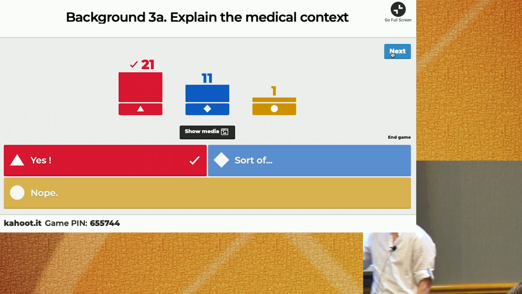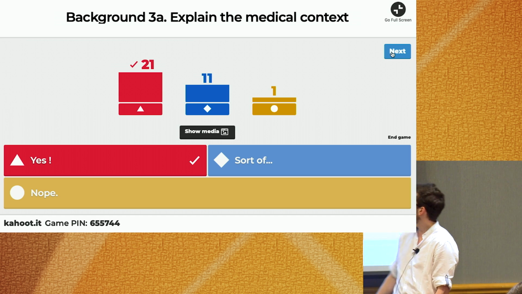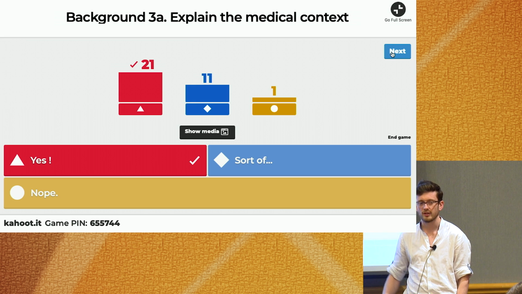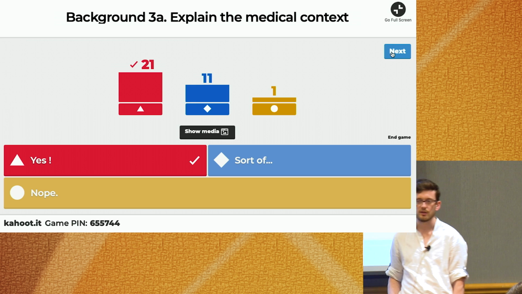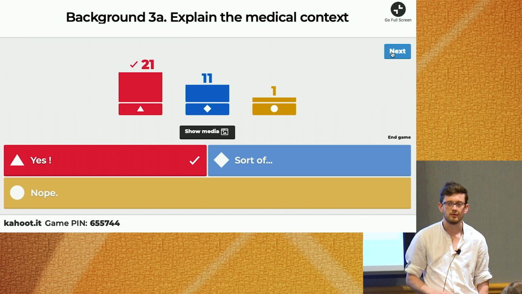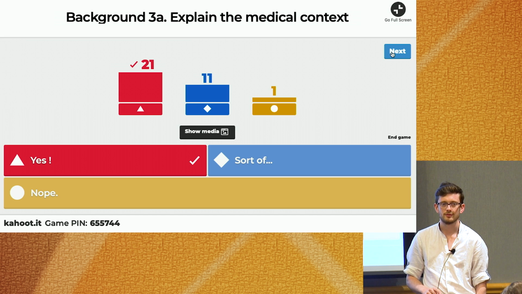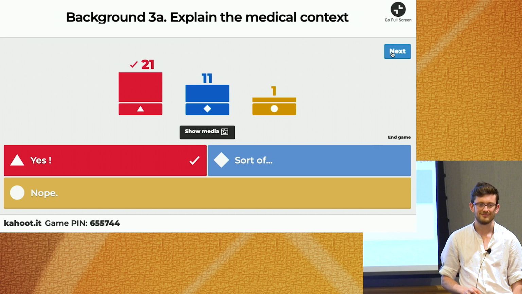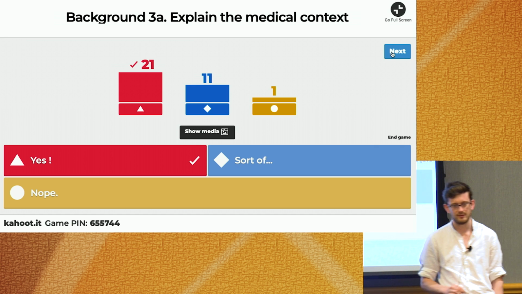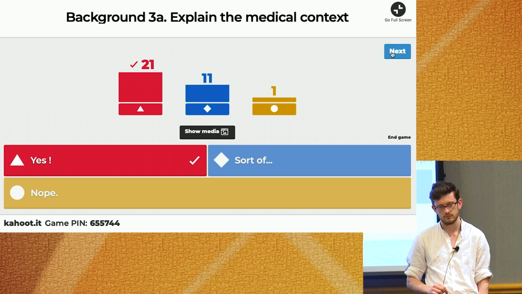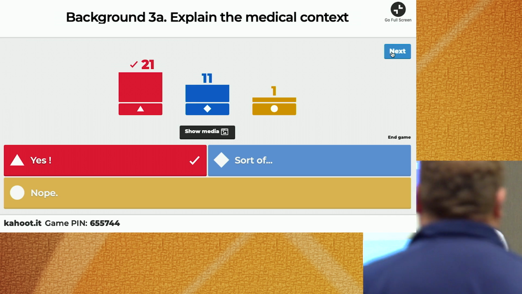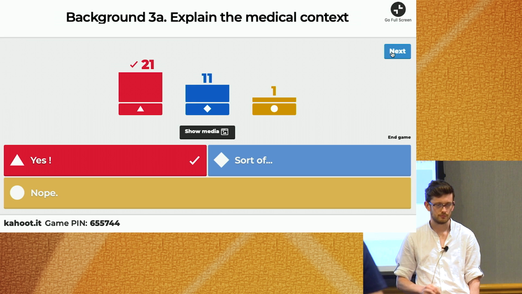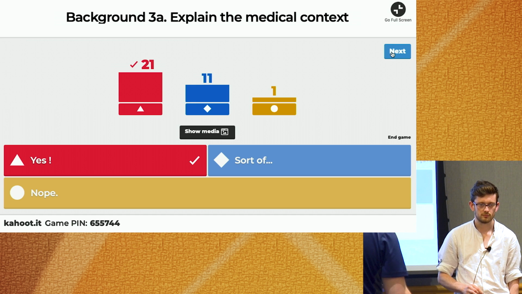So lots of people seem to agree with me on this, that they did actually set the medical context pretty well. So does someone who thought they set the medical context well want to say why they thought that? Just kind of explains what is the problem, what are the schemes used right now, why they needed to construct a new one.